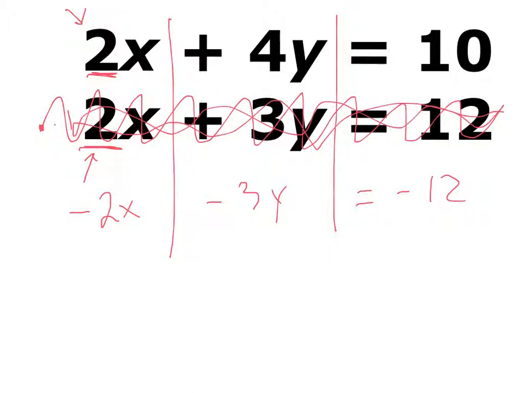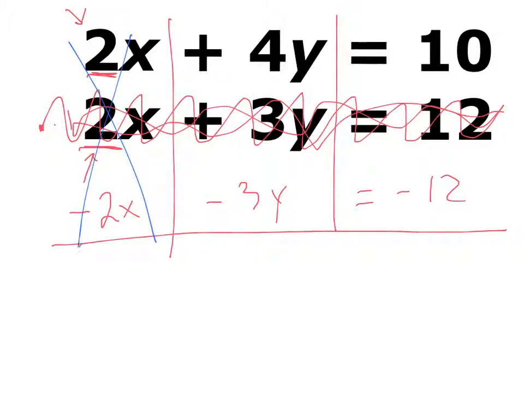Okay, so since we have same coefficient, different sign, we can add our 3 columns. So if you have 2x and you add negative 2x, those cancel out. We don't need them anymore. If you have 4y and you add negative 3y, that's just like 4 minus 3y, or y.